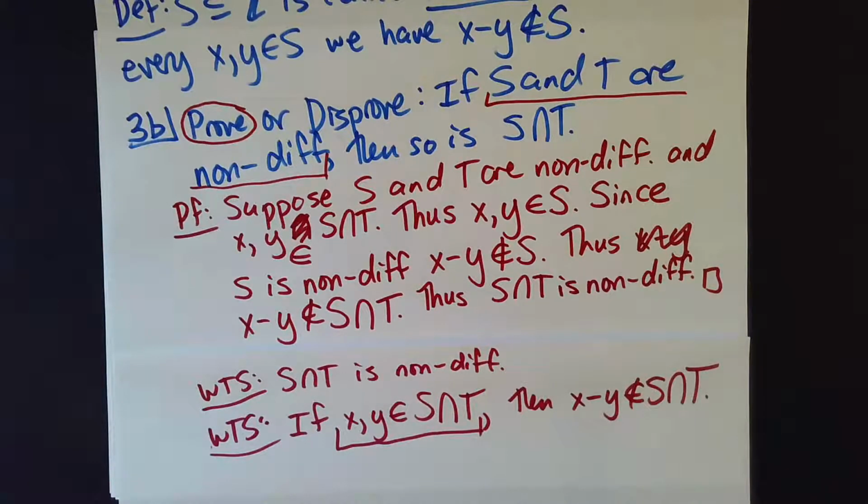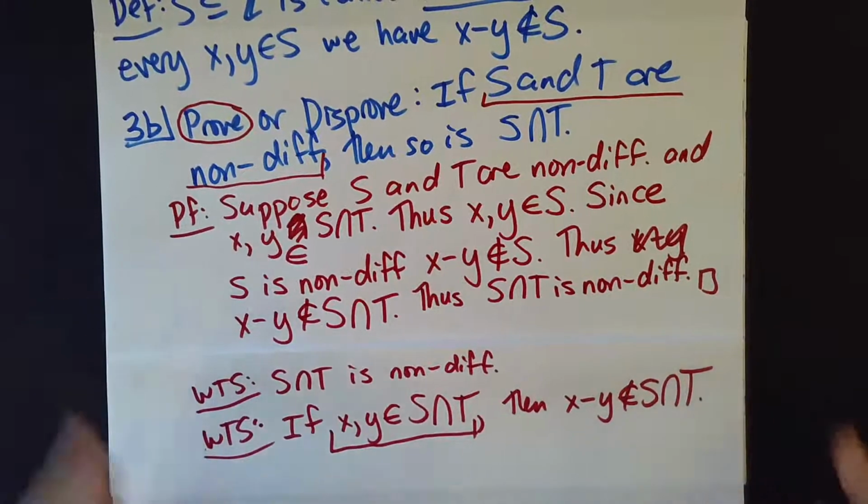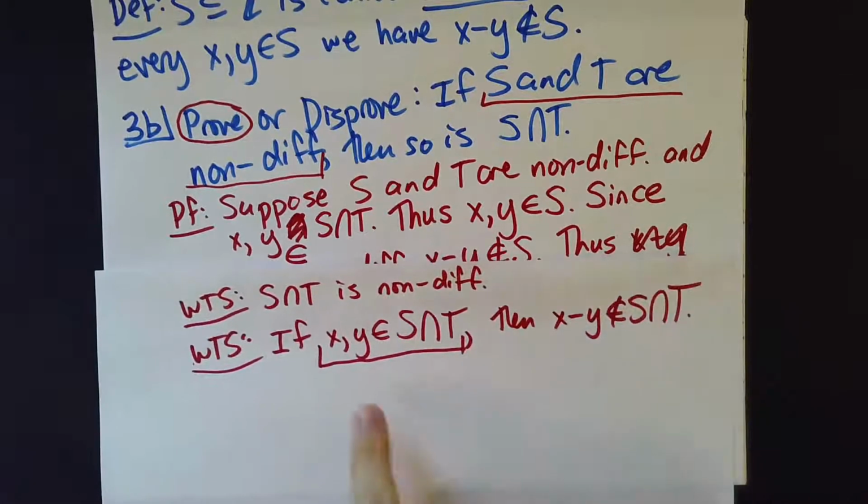Now, when you actually sat down to write this for the first time and did your scratch work, probably you would have written down, okay, so what do I know now?